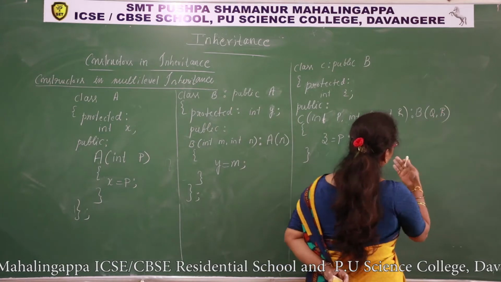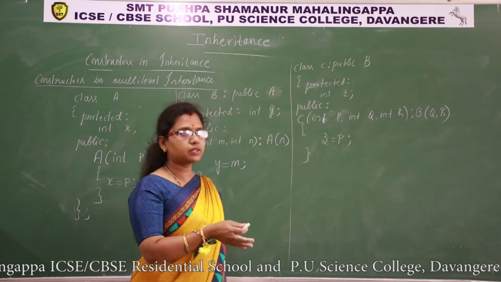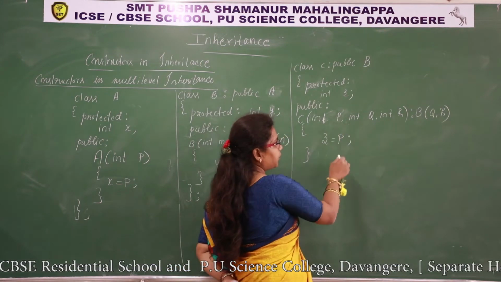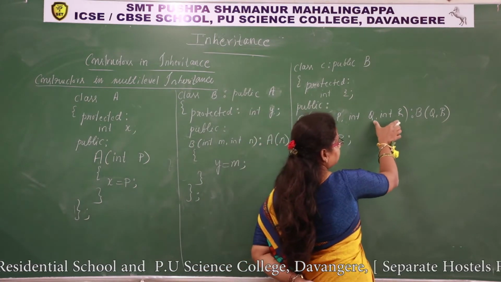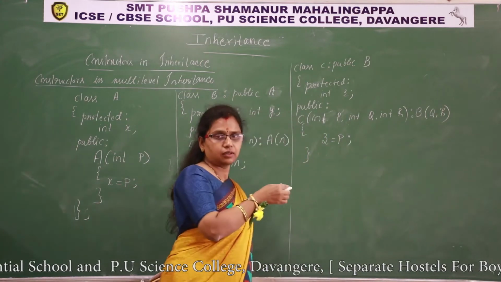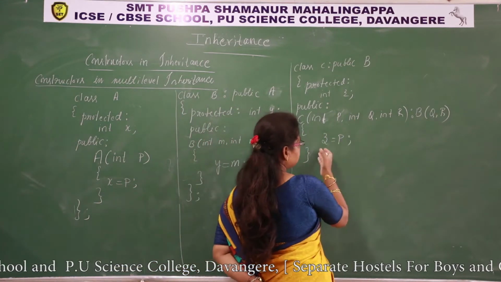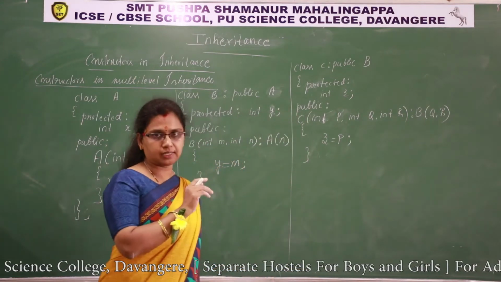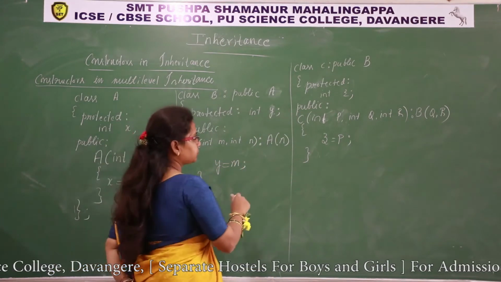Which parameter you want to pass, you can choose. Here I want to initialize Z with the value of P and I want to pass Q and R to its parent class. If you want to initialize Q to Z, you can pass P and R to its parent class. That is left to you.